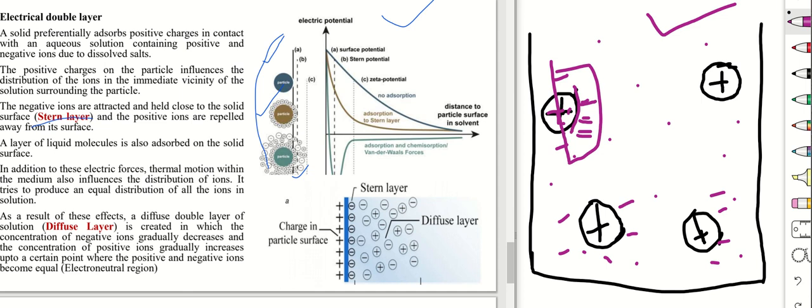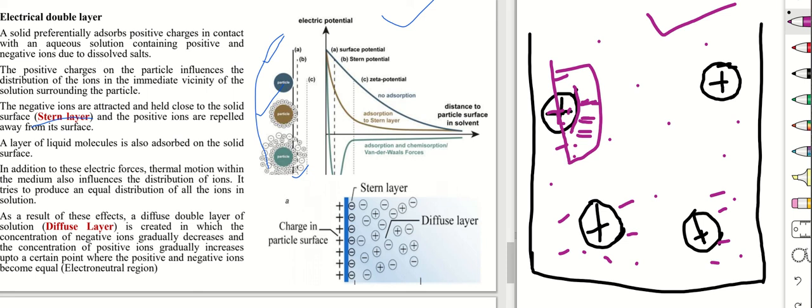Now we have considered a positively charged drug particle as an example. The same happens vice versa with a negatively charged drug particle: it would attract positively charged ions. So this immediate layer is known as the Stern layer, which is held very close and tight.